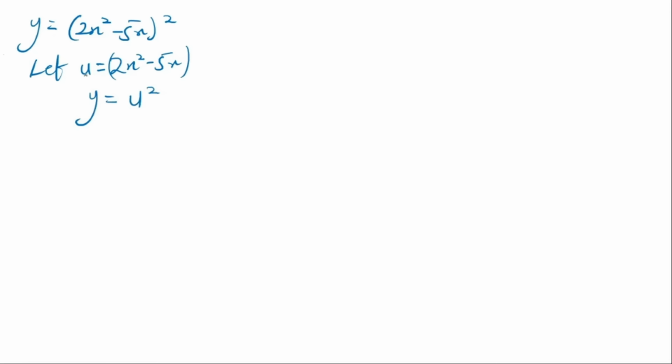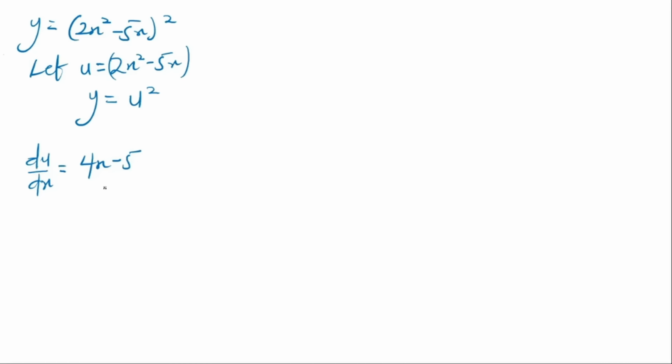If we differentiate u with respect to x, we get du/dx. If we differentiate 2x squared, we get 4x. We differentiate 5x, we get 5. So our du/dx is equal to 4x minus 5.